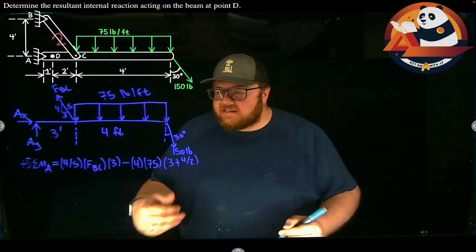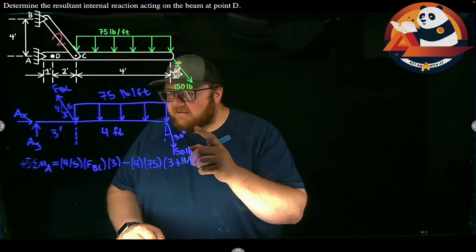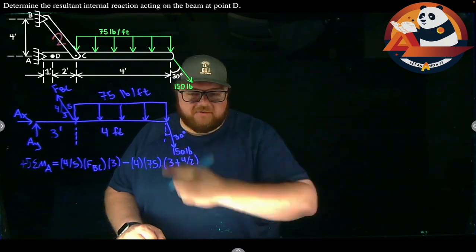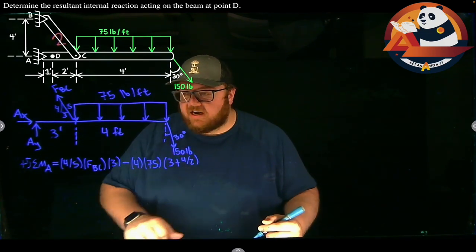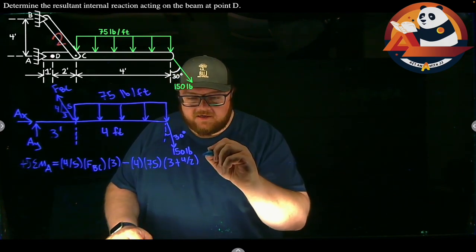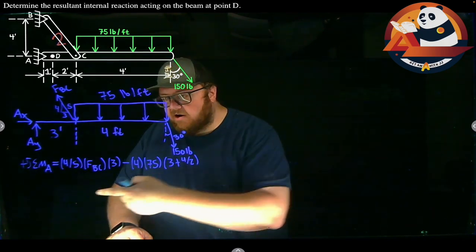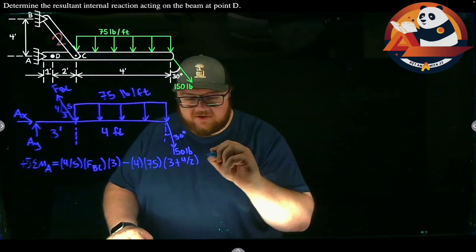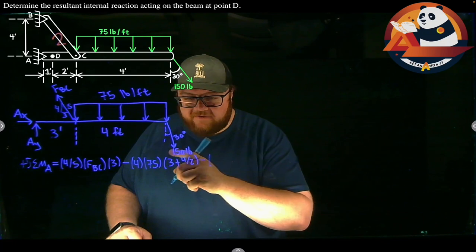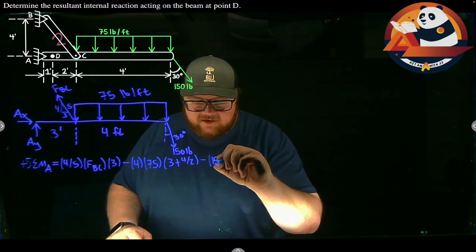And then the very last thing I need is I have to come in and get my y component of this force in here. It's going to cause a moment for everything. That will be going down, causing a clockwise rotation, so minus force times distance. Minus, that force is 150.